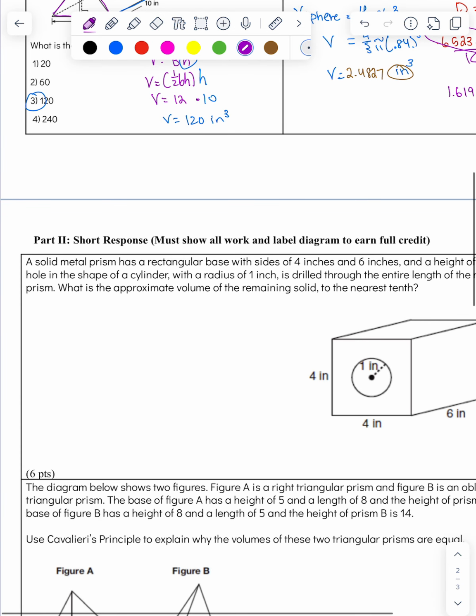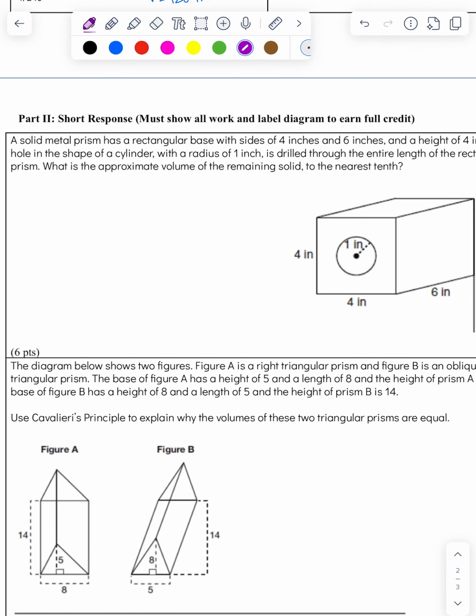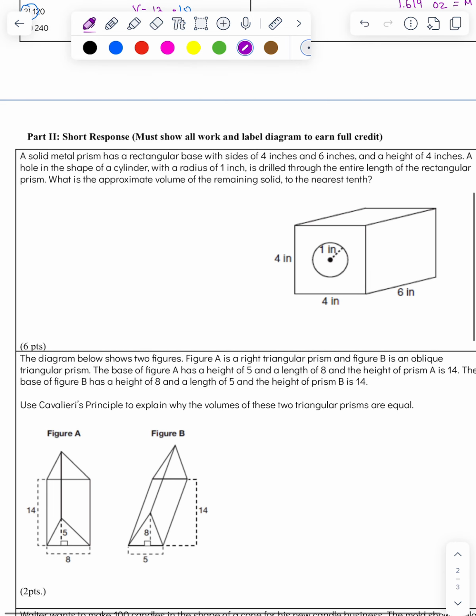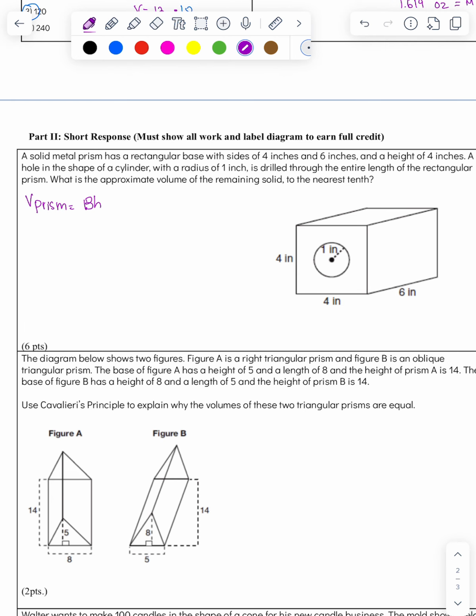Okay, for this one over here, we have a prism that has a cylindrical hole, and we need to find the volume of the solid without the hole. So we're going to find the volume of the whole prism, the volume of the cylinder, and then subtract the two. So volume of any prism is capital B times H. So I'm finding the whole prism. And since it's a rectangular prism, the area of a rectangle is length times width.